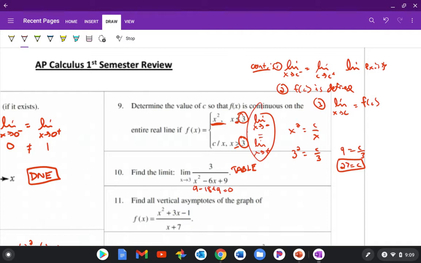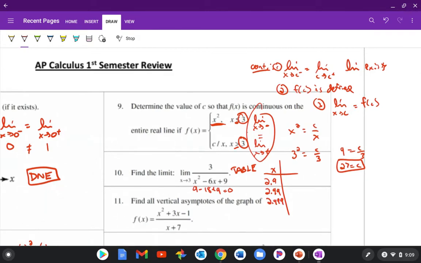Remember, with the table method, you plug in values really close to 3 from the left and the right side. So you can plug in x values like 2.9, 2.99, and even 2.999, which are values a little bit less than 3. Then values a little bit greater than 3 would be values like 3.1, 3.01, 3.001. What I would do is just plug the original function into your y equals part on your calculator and then use your second table.